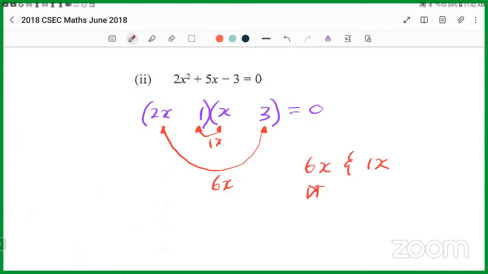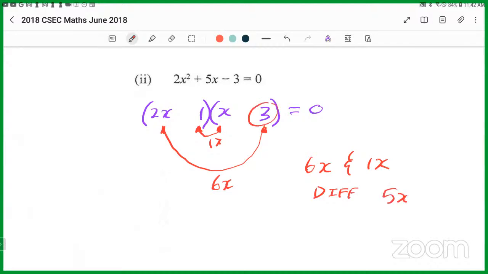Why do I want the difference? Because this is a minus. When this is a minus, I want the difference. When this is a plus, I want the sum of the far product and near product. So the difference between 6x and 1x right now is 5x.